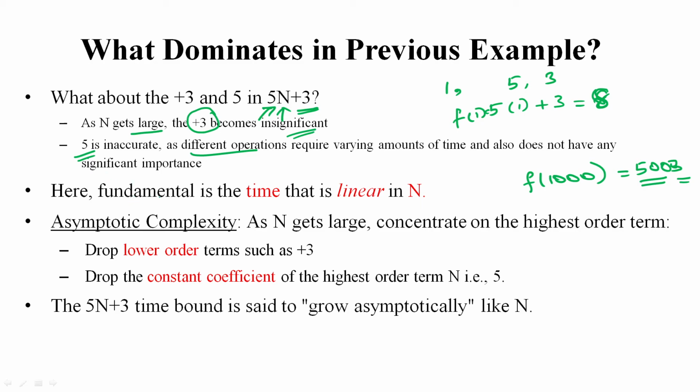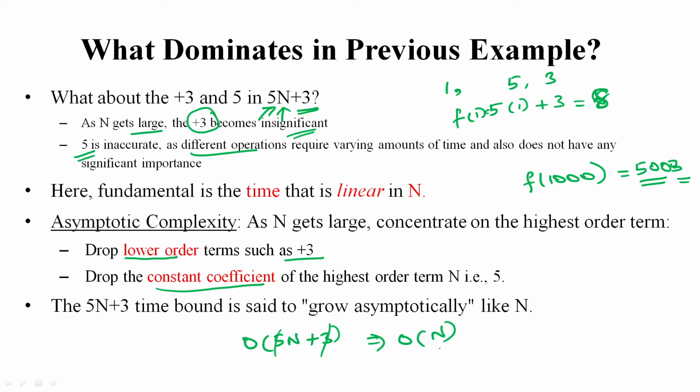So what to do? The lower order terms can be dropped from the function, and also the coefficient can be dropped from the order of growth function. So now when you are dropping 3 and 5 from order of 5n plus 3, you will get the time complexity as order of n.